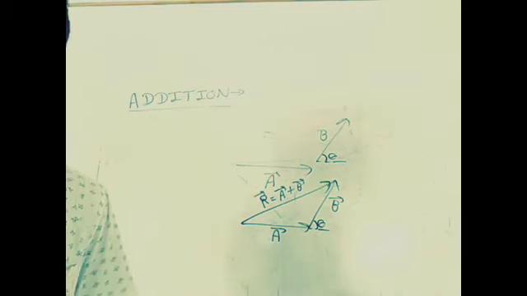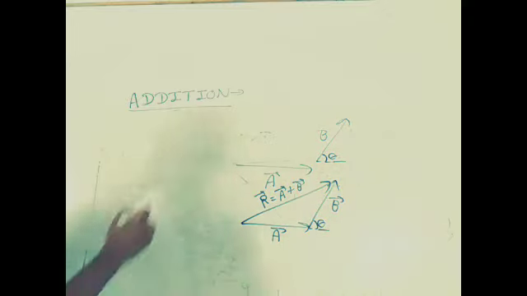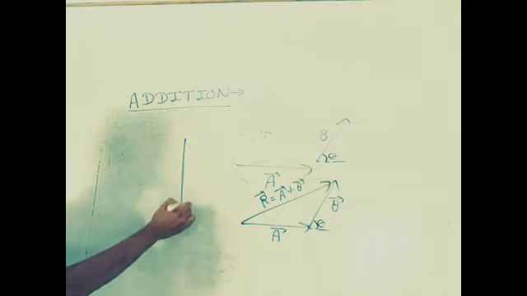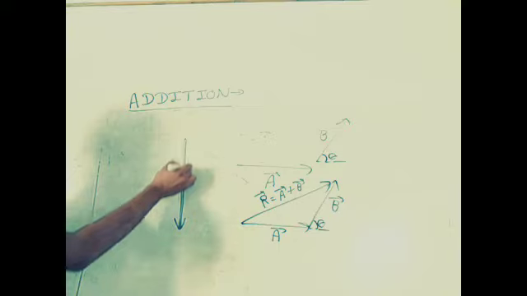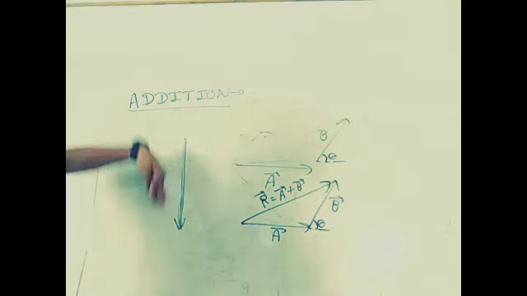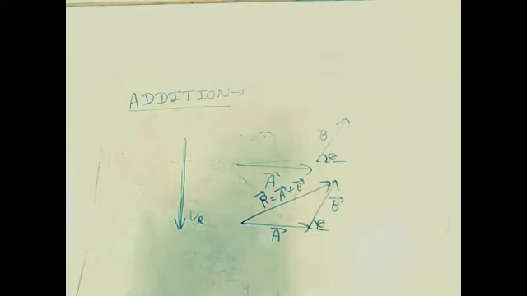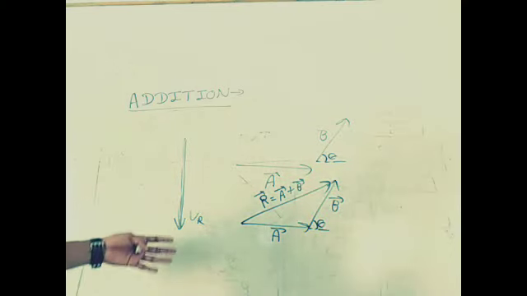To understand the triangle law, we can take an example of daily life. Suppose, students, there is a rainy season and rain is falling vertically downward. This is the velocity of rain. Suppose at that time wind is blowing.